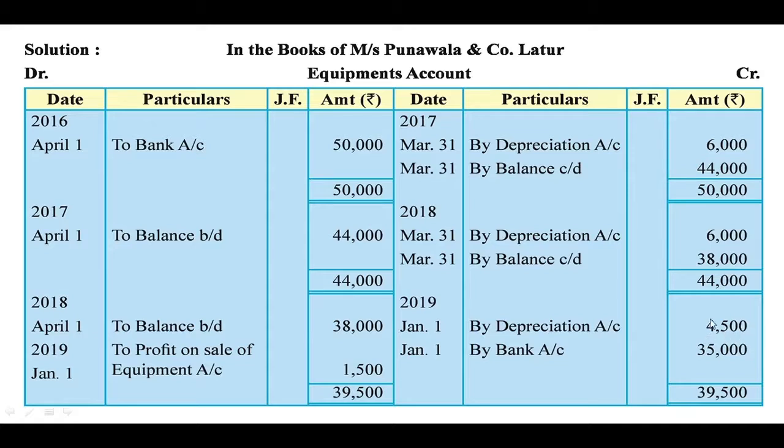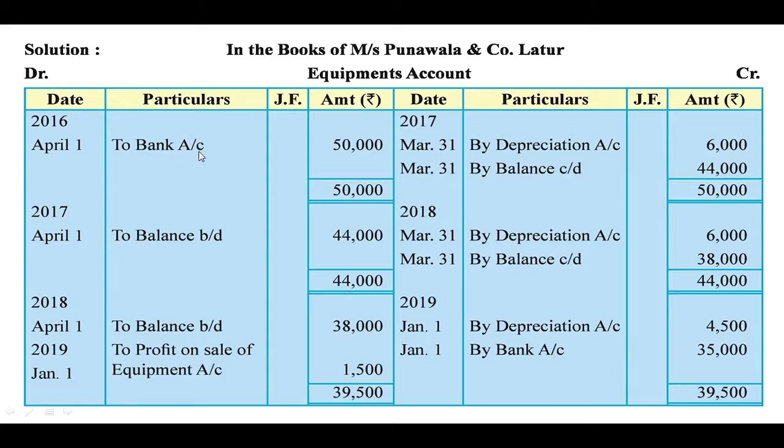See, full year's depreciation is 6,000. 6,000 into 9 divided by 12, we will get 9 months depreciation, that is 4,500. Here we have to write the date on which the equipment is sold. Now you have to remember that when equipment is purchased, we write to bank account on the debit side.